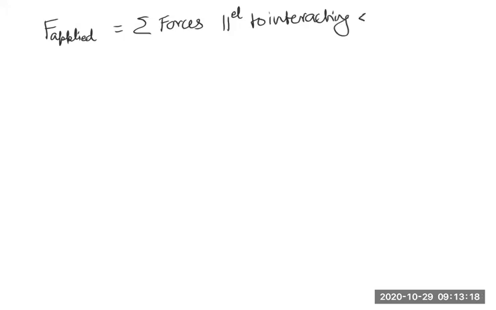Now we had defined something called F applied, remember, which was the sum of forces parallel to the interacting surfaces, and these sum of forces must be, remember, excluding friction.